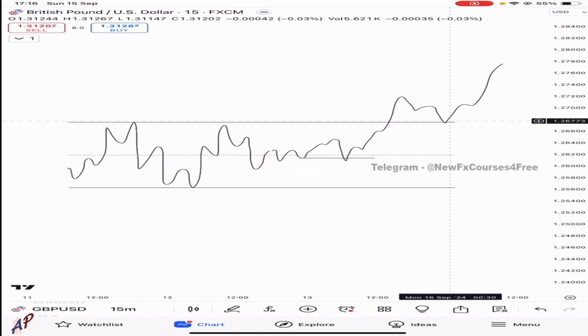Second entry or pyramid: you can pyramid at the retest of the range high. You can find an example; I traded one on Ethereum of this.